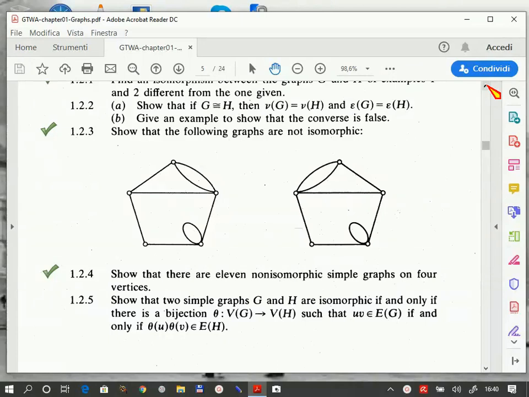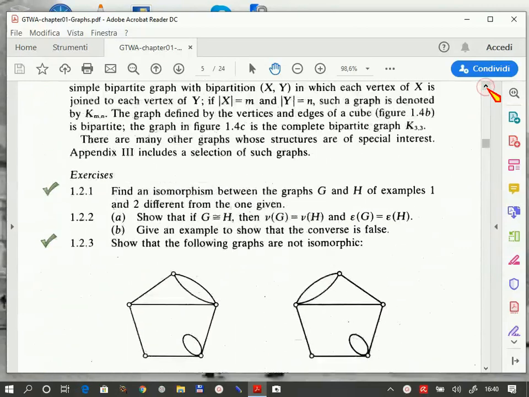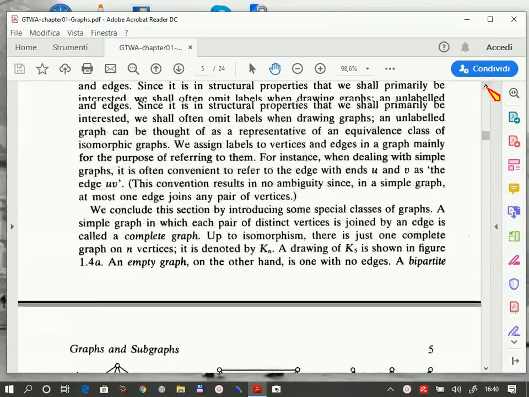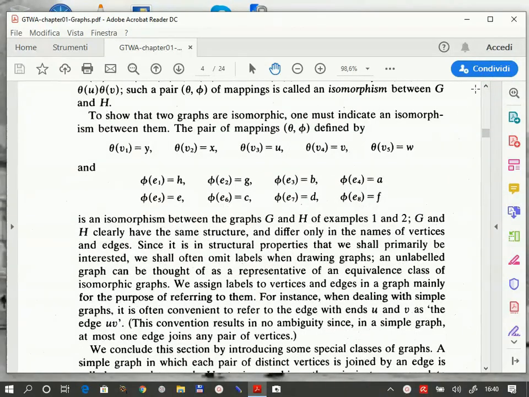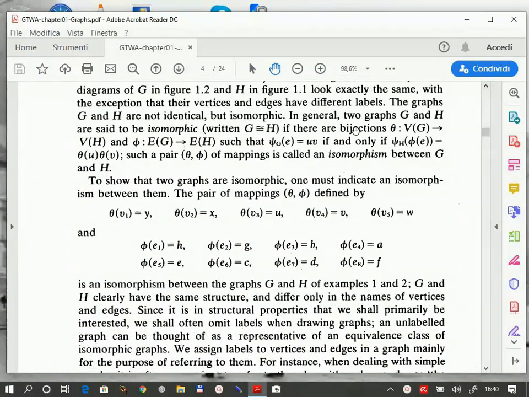By the rule that we saw before, if you have psi of g of e equal uv.